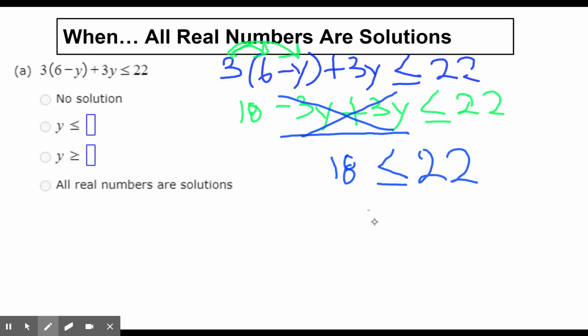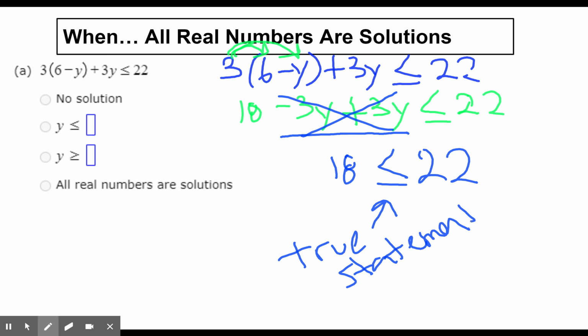And this is a true statement. All right, 18 is less than 22. Even though it says less than or equal to, it's one of those, and it is one of those. So therefore, the answer is all real numbers are solutions.